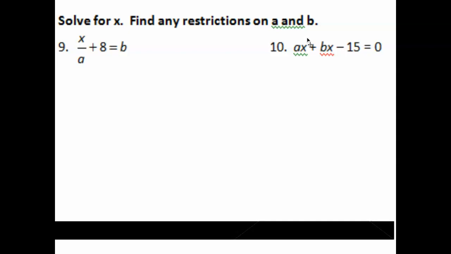So it says x divided by a plus 8 equals b. So again, we are solving for x. To solve for x, we are going to isolate x by doing order of operations backwards. So if we have x over a plus 8 equals b, I'm going to subtract 8 from both sides.